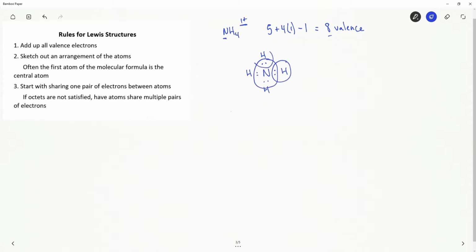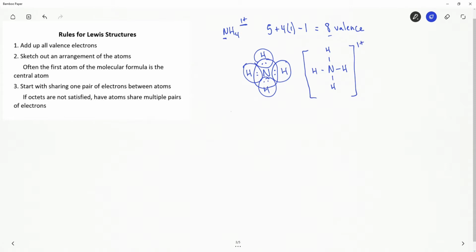That hydrogen is good. So is this one. This one, it looks like all hydrogens are satisfied. So when I rewrite this neater and I use my bonds, I have a single bond between nitrogen and each of the 4 hydrogens. And I also need to specify my charge.